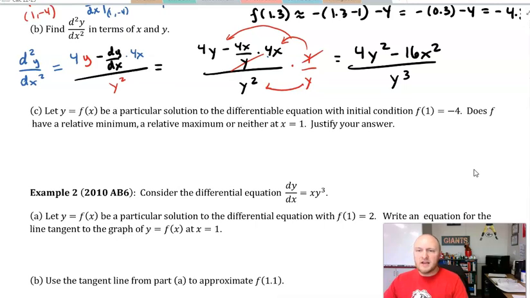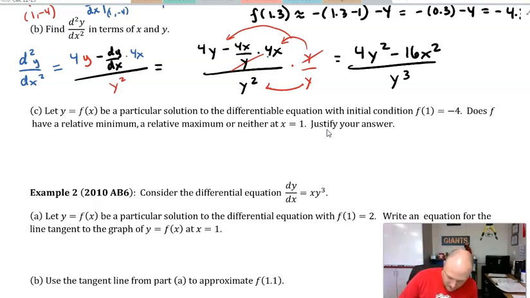C. Let y equal f of x be a particular solution to the differential equation with the initial condition f of 1 equals -4. Does f have a relative minimum, a relative maximum, or neither at x equals 1? Justify your answer. Think about this. In order to be a critical value, a relative min or a max, dy dx needs to be equal to 0.